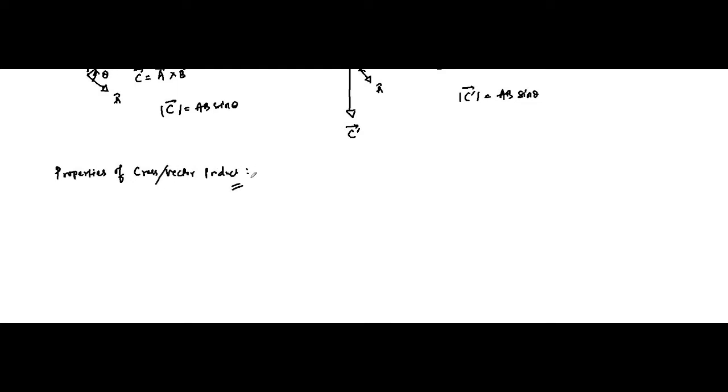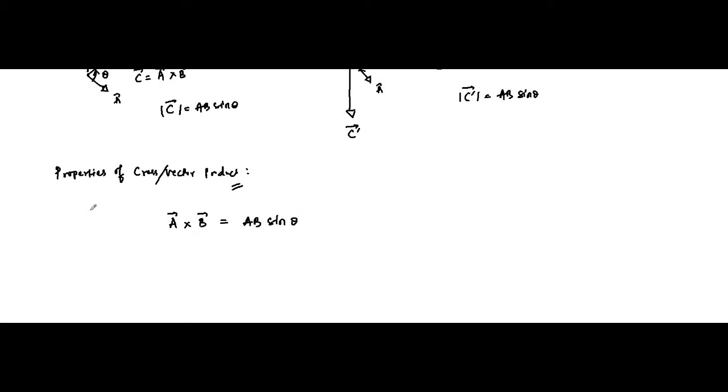Now we know that the vector product, its magnitude, is given by AB sine theta.